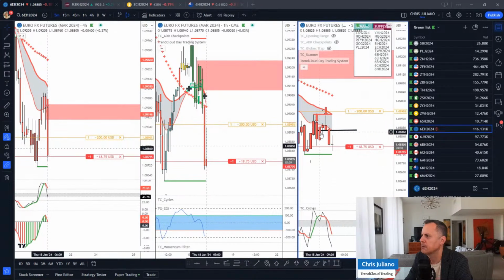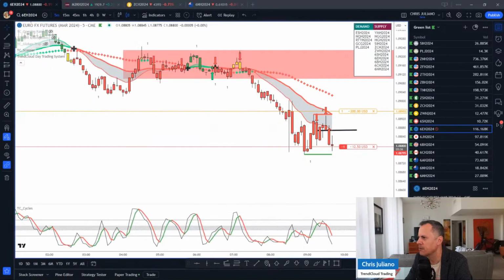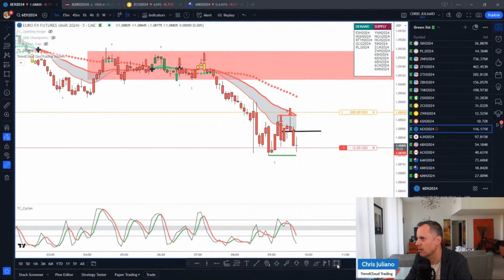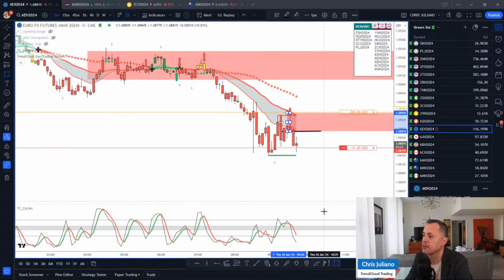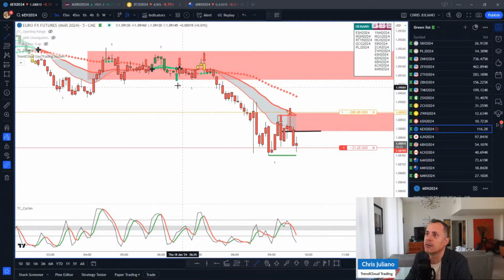That TrendCloud area there. So what did it basically do here, right? It pulled into our TrendCloud. This is the 5-minute, right?